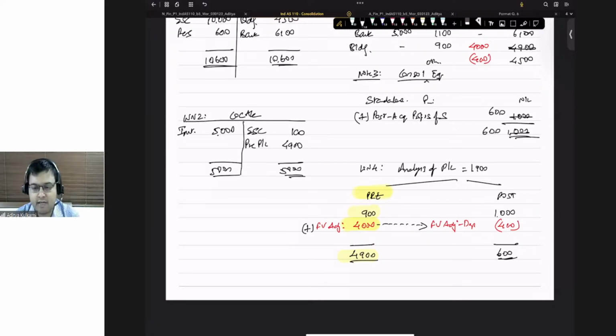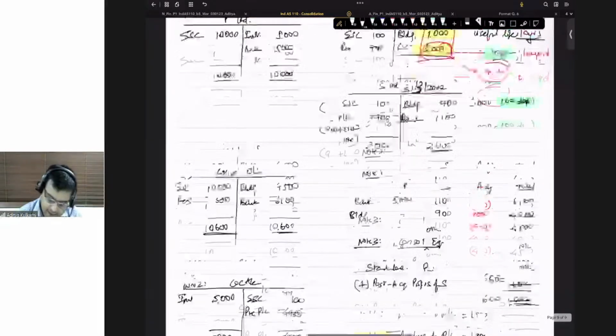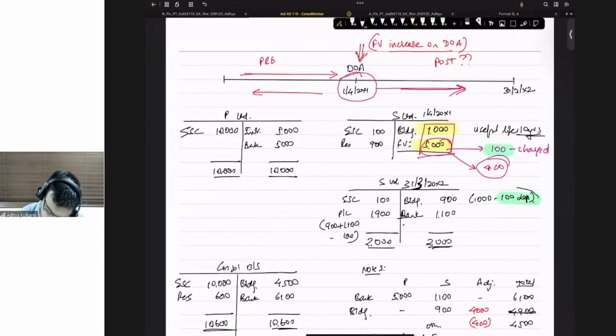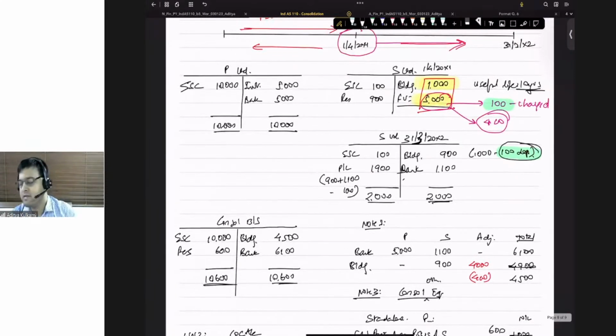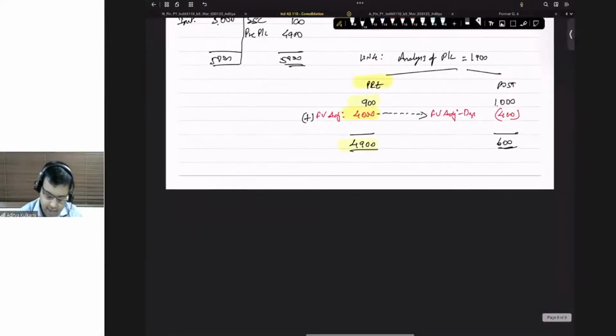So each year, apart from 100, see, this 100 is already written off. So apart from 100, I will write off an extra 400 rupees every year against post-acquisition profits.